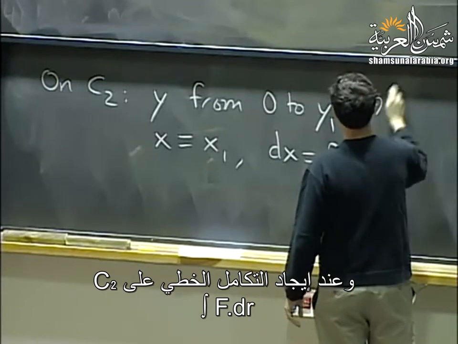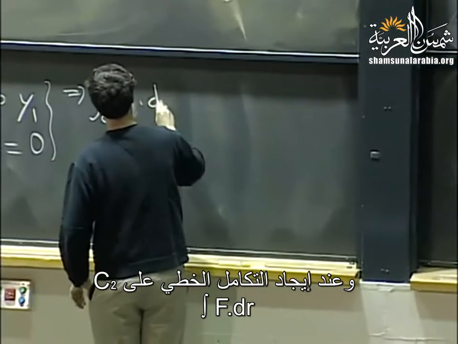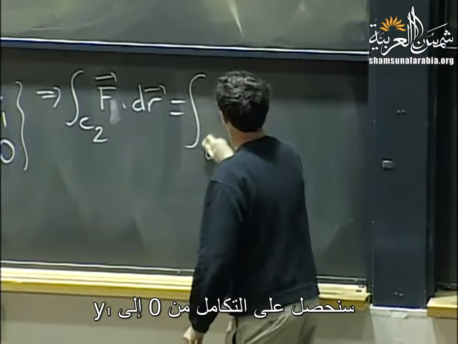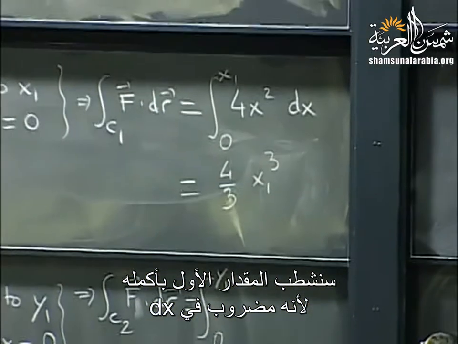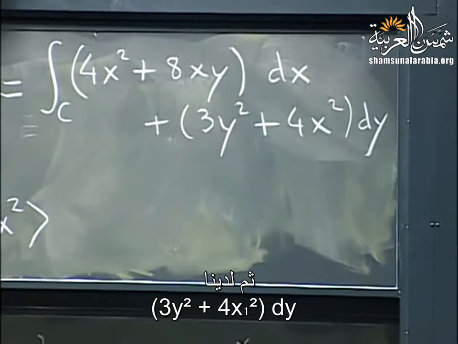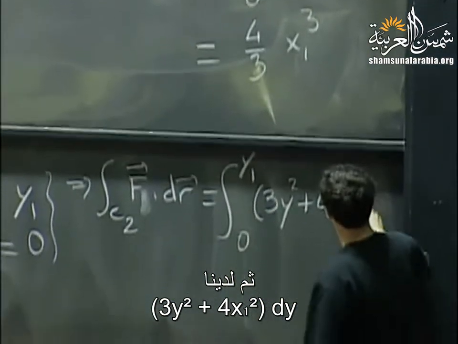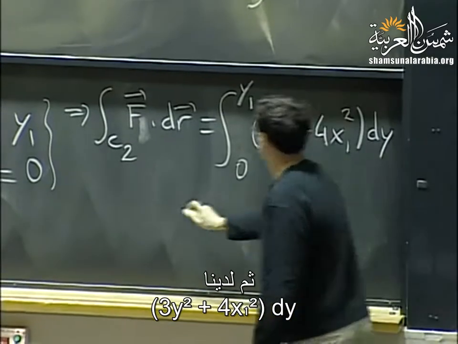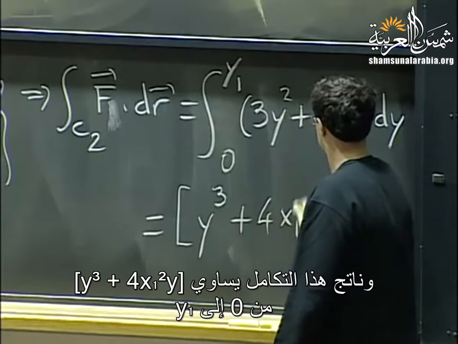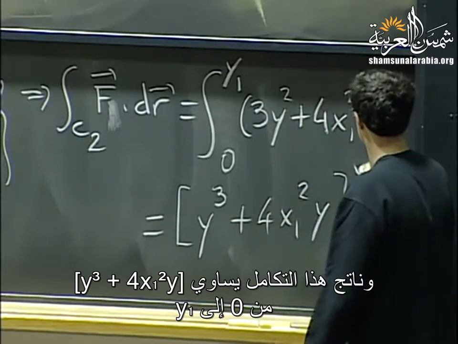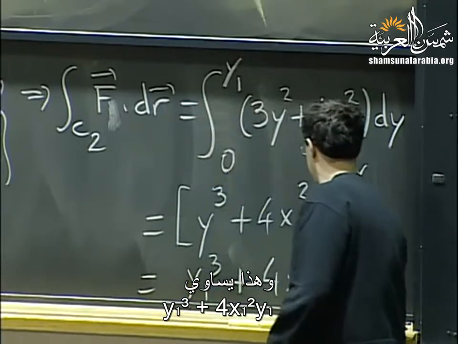So if I take the line integral on C2, I have the dr, then I will get the integral from 0 to y1 of, the entire first term with dx goes away, and then I have 3y squared plus 4x1 squared dy. Okay, so that integrates to y cubed plus 4x1 squared y from 0 to y1, or if you prefer, that's y1 cubed plus 4x1 squared y1.